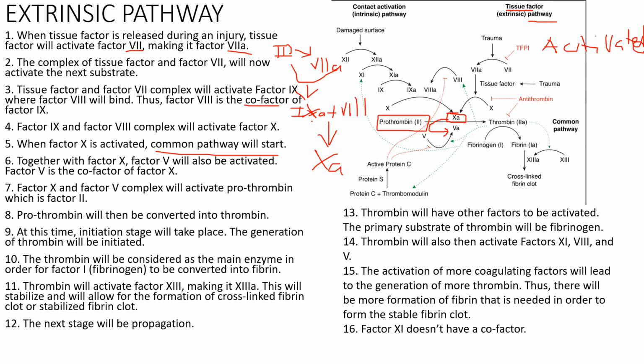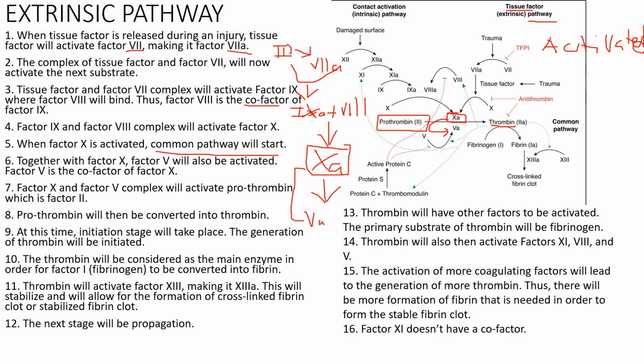Now activated factor 9 and factor 8 will activate factor 10. And factor 10 will activate factor 5, causing it to become activated factor 5A. And these two will now activate prothrombin. Prothrombin will now become activated, becoming thrombin.